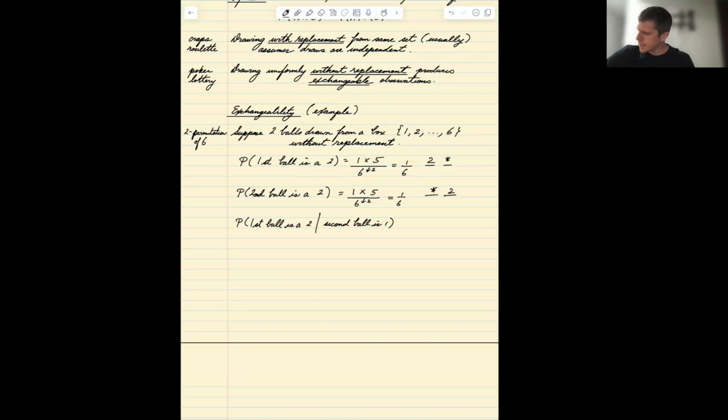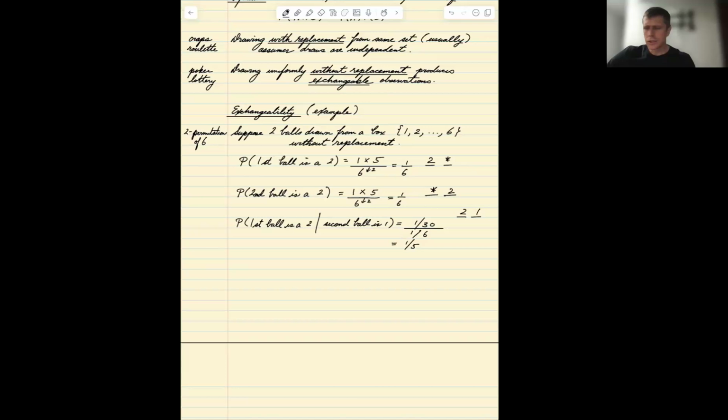Well, we have to ask what's the probability that we have 2, 1, the probability that both occur. That's 1/30, divided by the probability the second ball is a 1. We already did that, because the probability the second ball is a 1 is the same as the probability the second ball is a 2. It's 1/6. So this is 1/5.